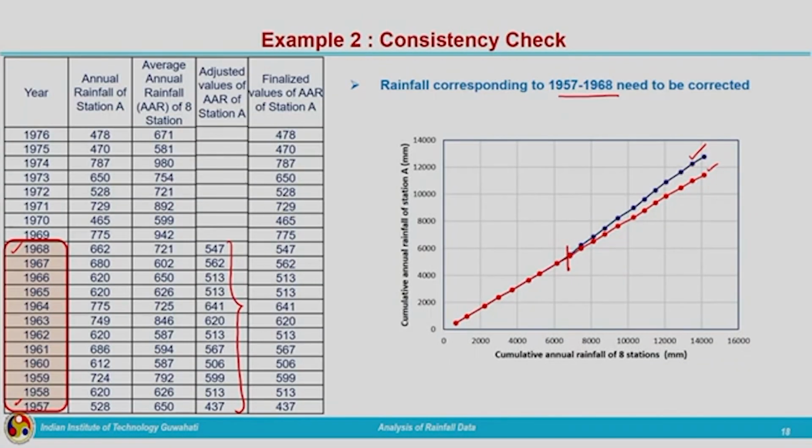That can be done by using the double mass curve. So, this much about the consistency check. In today's lecture we have seen how rainfall data can be analyzed. This analysis needs to be carried out for checking the missing data and also for checking the consistency in case any inconsistent data is present in the data series.